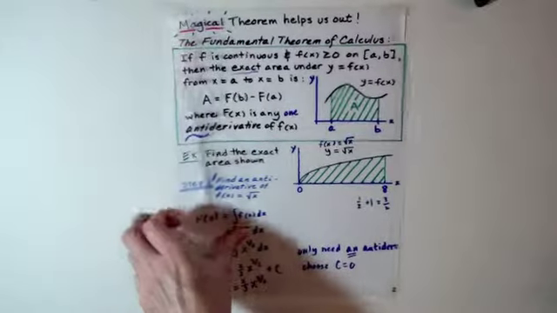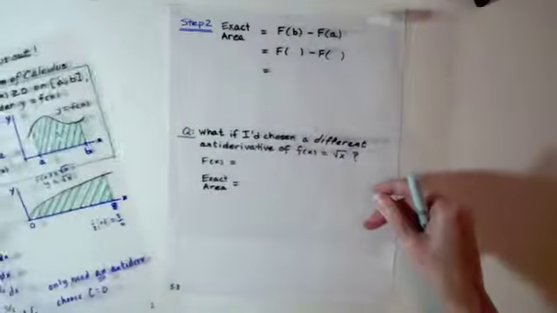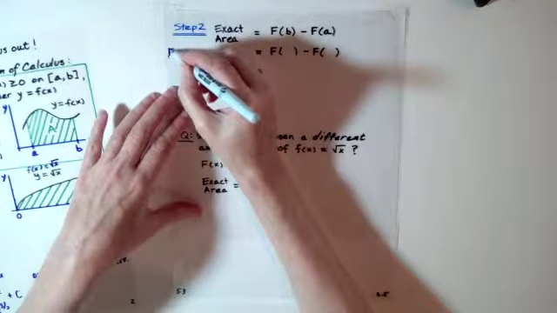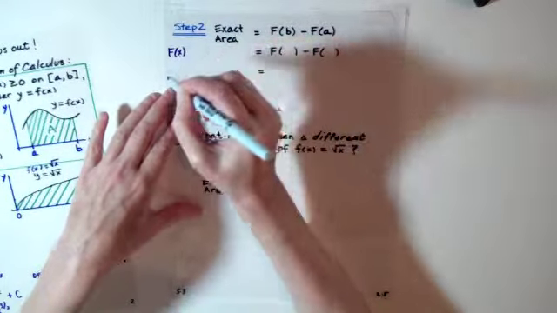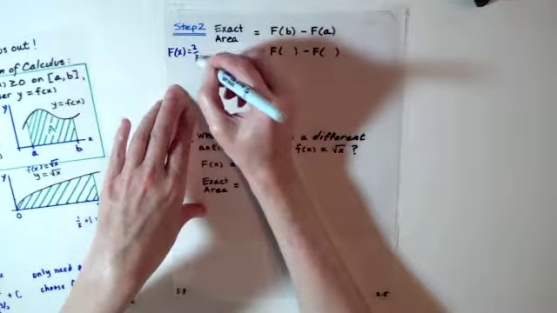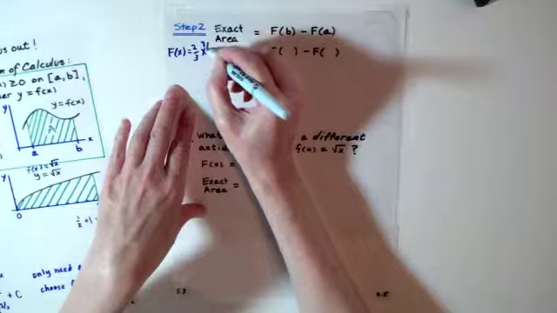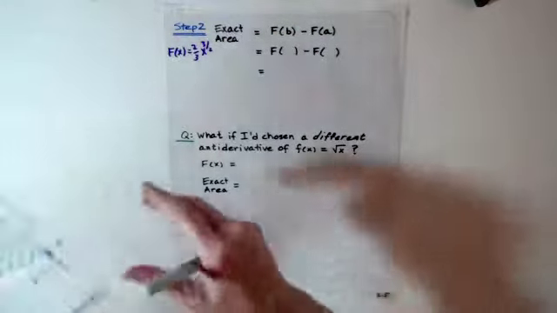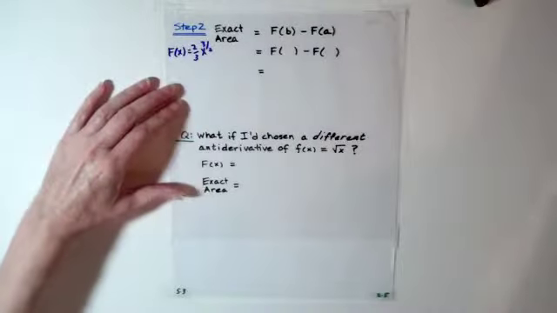I'm going to write the antiderivative that I chose here, since we're doing step 2 on a separate page. We just decided that capital F of x was 2/3 x to the 3/2. So that's the antiderivative that we chose from the last page. Let me move that aside.